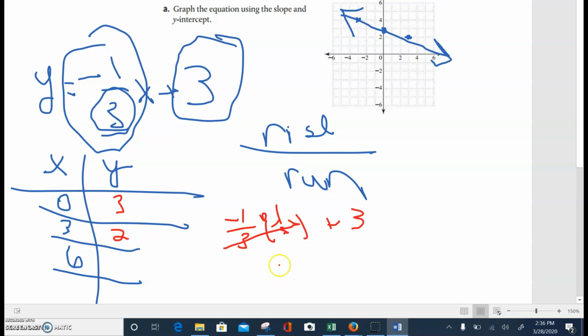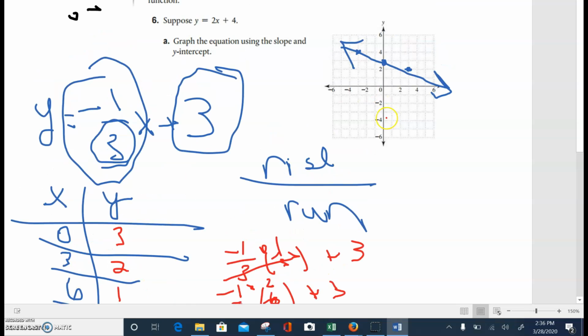Again, you can use your calculator. Negative 1/3 times 6 plus 3: 3 goes into 6 twice, so negative 2 plus 3 is 1. I'm going to plot these points: 0, 3, still there; 3, 2, still there; and 6, 1, looks like I was off a little bit before. Notice I should get the same line, and graphing with a mouse is not ideal. So whichever makes sense to you for graphing, that would be great.